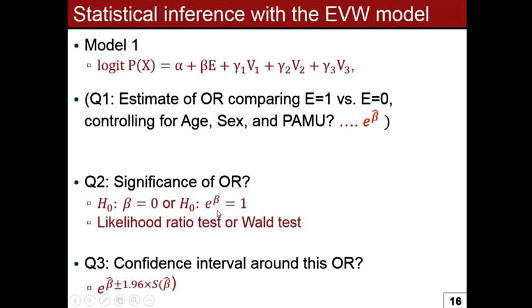Right? e to the 0 is 1, and this also would mean a null finding. And so we use the likelihood ratio or the Wald test for that. And then this is the formula that we saw earlier for the confidence interval for this odds ratio. So this is old news when you have no W terms in your model.